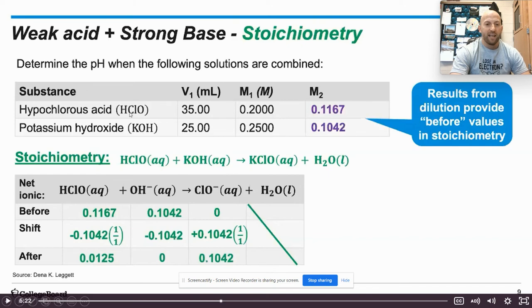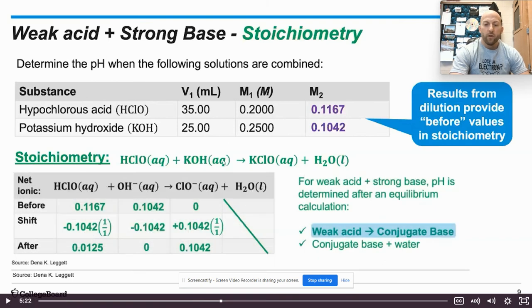It's not the same as what we had. This is HClO, a weak acid. And then we have potassium hydroxide, which is still that strong base. So we have to take into account the creation of the hypochlorite ion, and otherwise it's quite similar. A weak acid to the conjugate base.